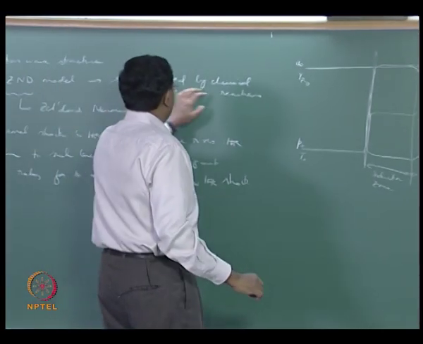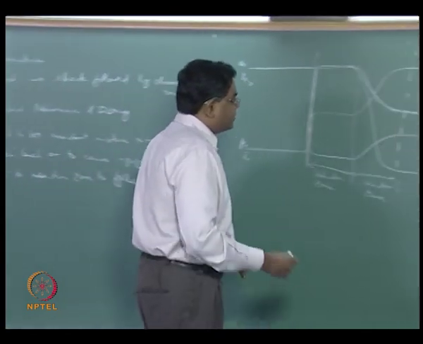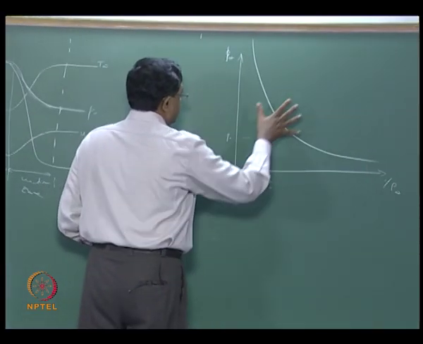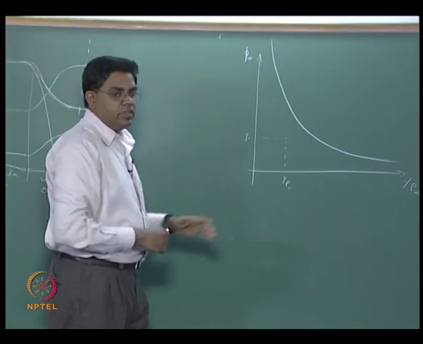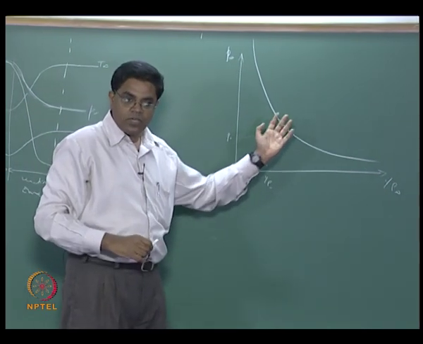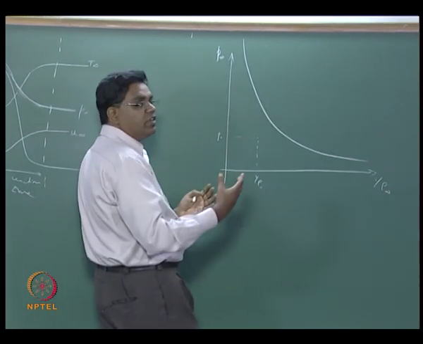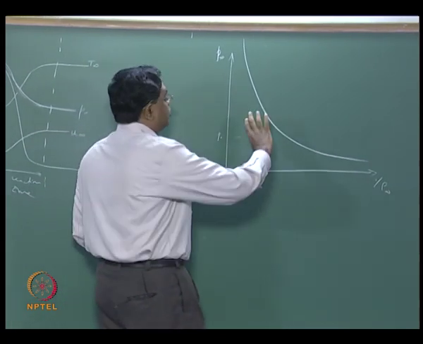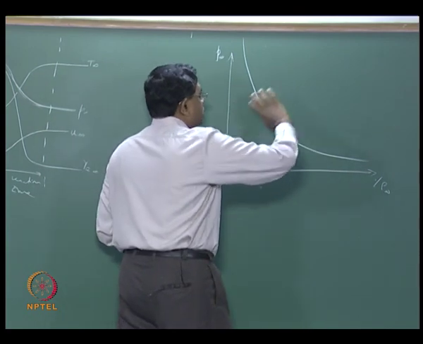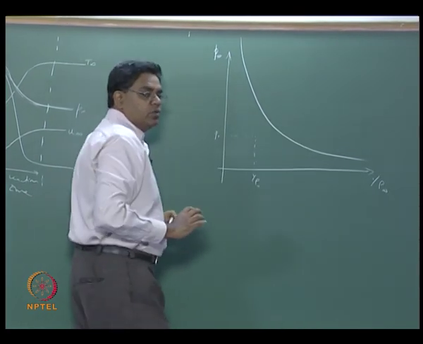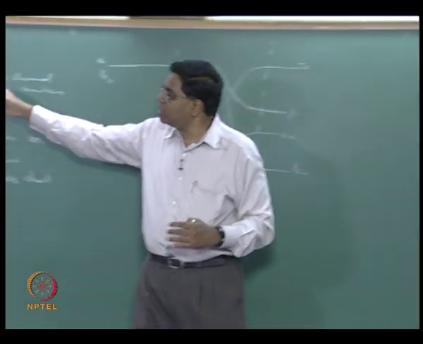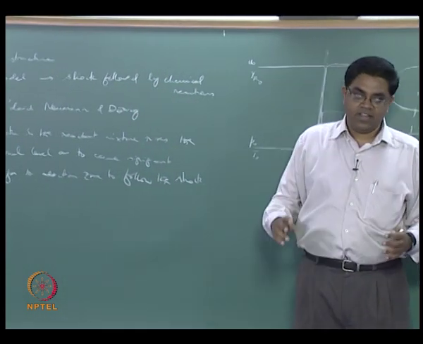And what does the ZND model say? It says shock followed by chemical reactions. This offset for the Hugoniot curve is essentially coming from the fact that you have a heat release, okay. The heat release is going to push the Hugoniot, more and more heat release in the wave is going to push the Hugoniot to the top and to the right. So when you are now looking at how a shock is going to be represented, that is an adiabatic process.